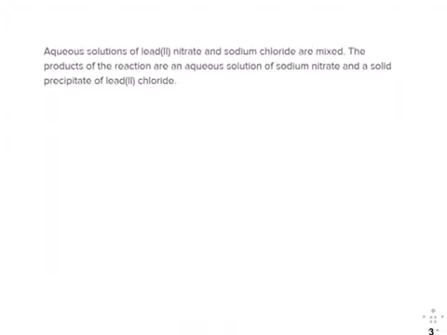All right, so the first thing we need to do is write the formula for lead 2 nitrate. So what did we come up for that? Lead. Pb. Okay, good, solid. Actually, nitrate is NO3. What's the charge on nitrate?